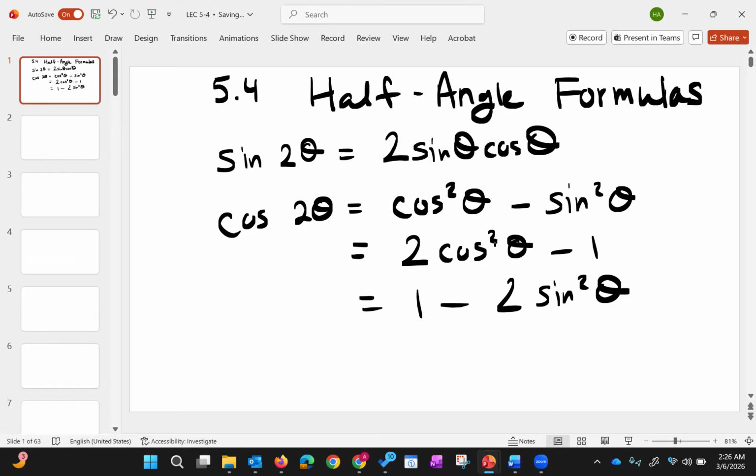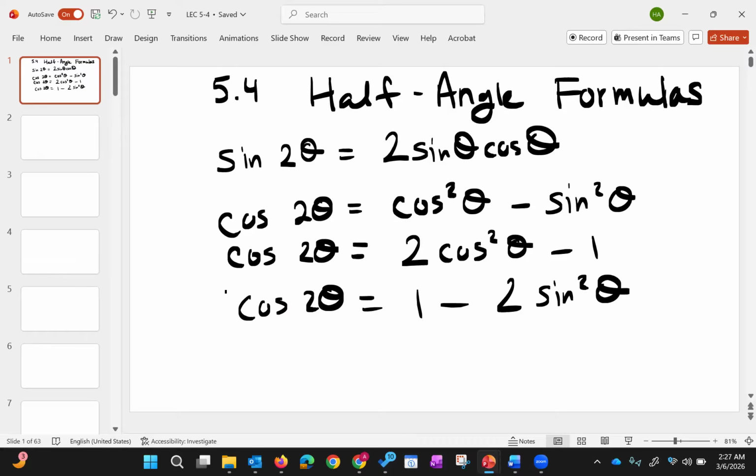But what happens here is the double angle formulas actually help us to find something called the half angle formulas. So just to start off with, I'm going to write all our double angle formulas here: 1, 2, 3, 4. What tends to happen is we find the half angle formulas by looking at the double angle formulas.